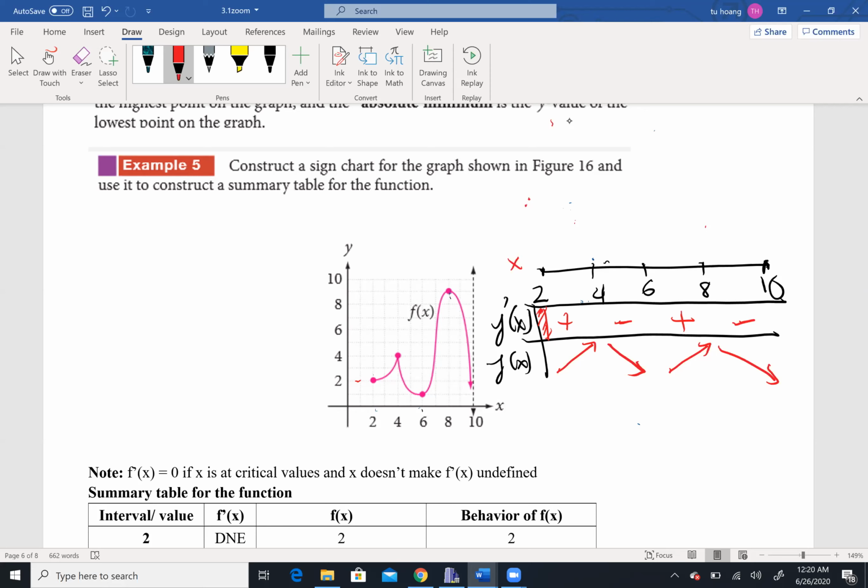For the 4, this part, you will also have undefined for the f of x. Because why? Because this is like a cusp. Remember one of the 3 cases, let's make a cusp. So then you don't want to have the f of x in here. So it does not exist for this one.